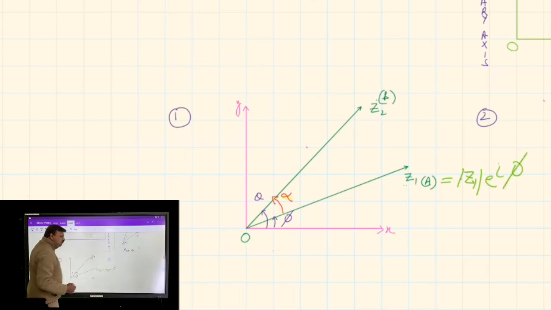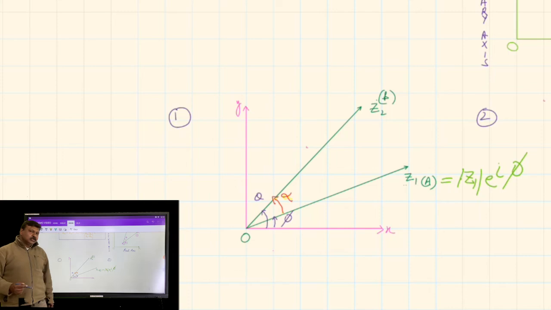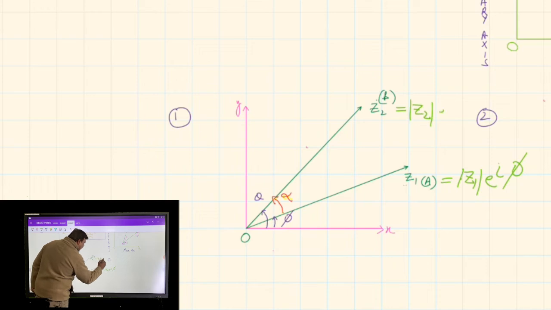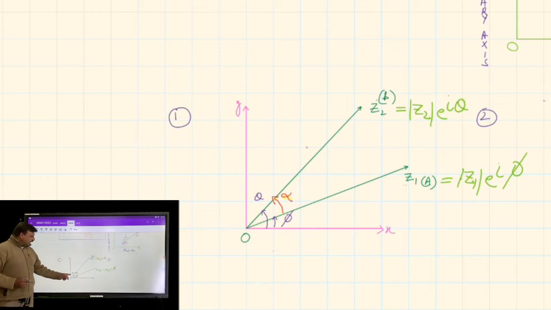So this is Euler's representation of a complex number. Isn't that so, students? Now, this complex number Z2 would then be mod Z2 e^(iθ). Am I right, students? Because the angle which it makes with the positive direction of the x-axis is theta.